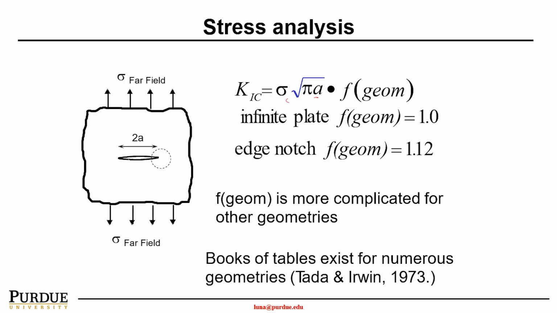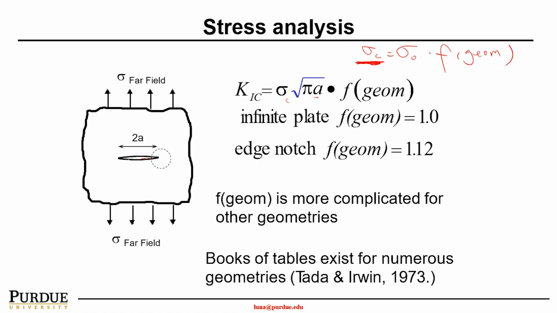If the crack is at the edge, a is the length of the crack, times F, the geometry factor. So sigma C is the sigma at the critical point.